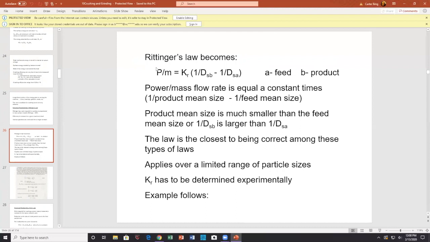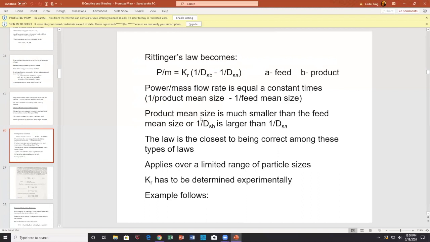Now this is the power difference between running full and running empty, right? So you divide that by the mass. So you have power per mass flow rate, or energy per mass. See, power is energy rate, mass flow rate is mass rate.